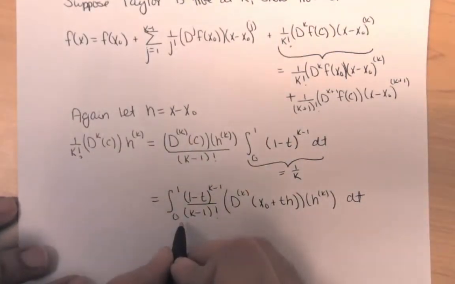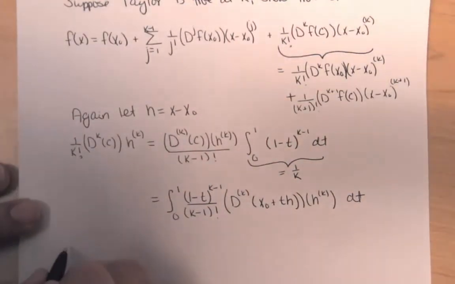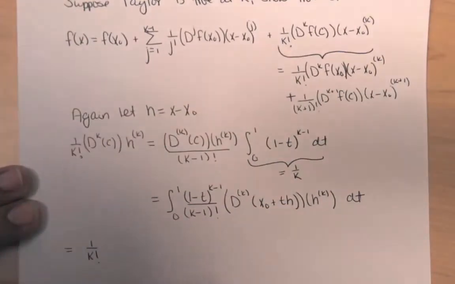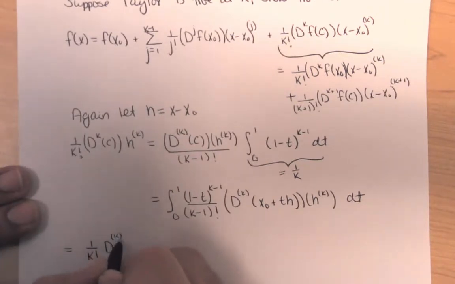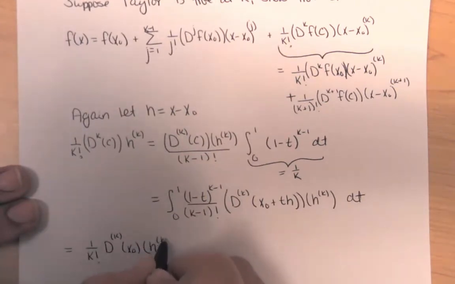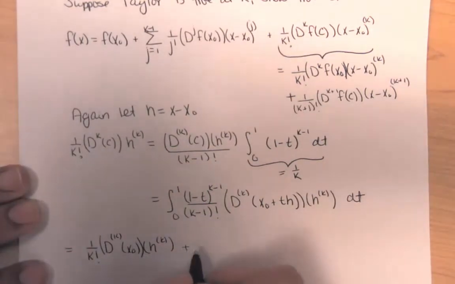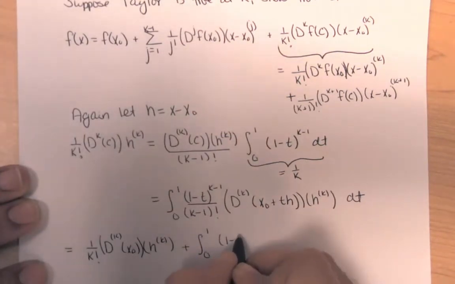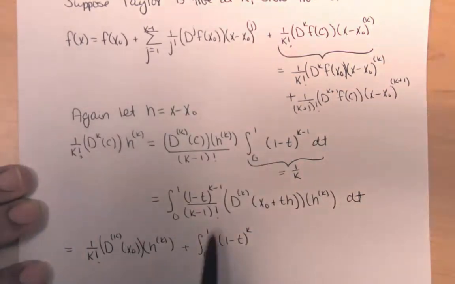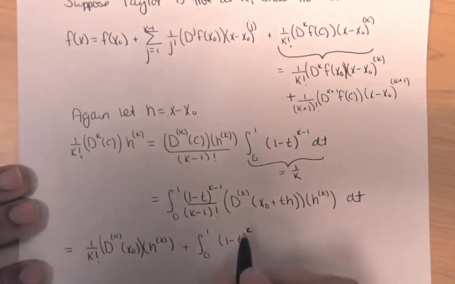Again, we're going to use integration by parts to get that this is equal to 1 over k factorial, the kth derivative at x naught times the k-tuple of h, plus the integral from 0 to 1 of minus t to the k, that's going to be the v to this dv, divided by k factorial.